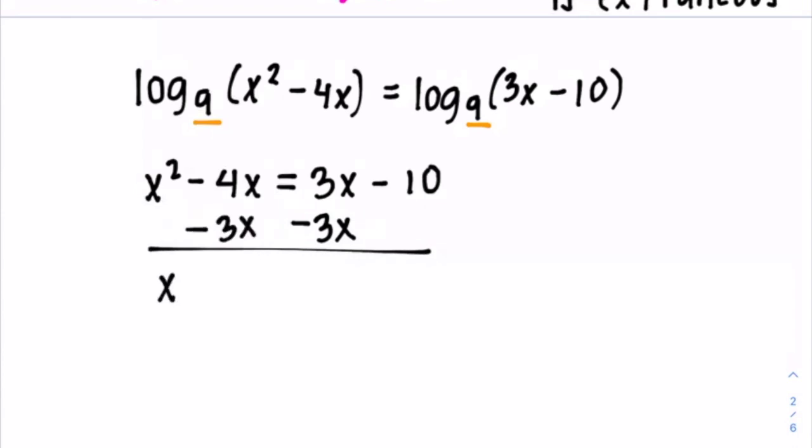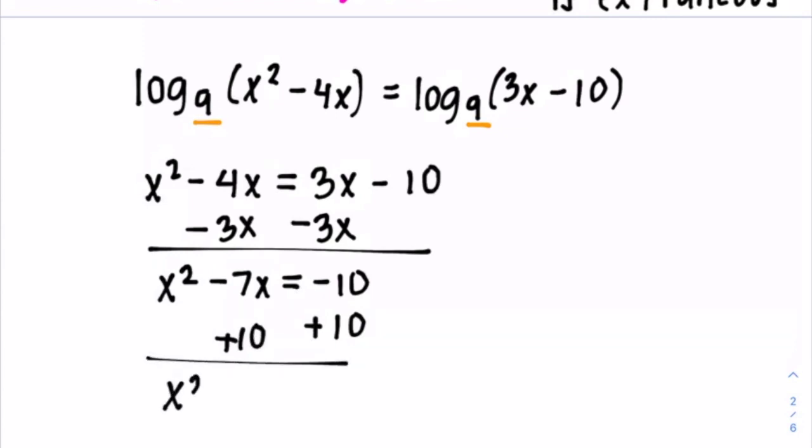We want to bring the 3x over to the other side. We get x squared minus 7x equals negative 10. And then we want to bring the 10 over so that we can set this equal to 0. We get x squared minus 7x plus 10 equals 0.